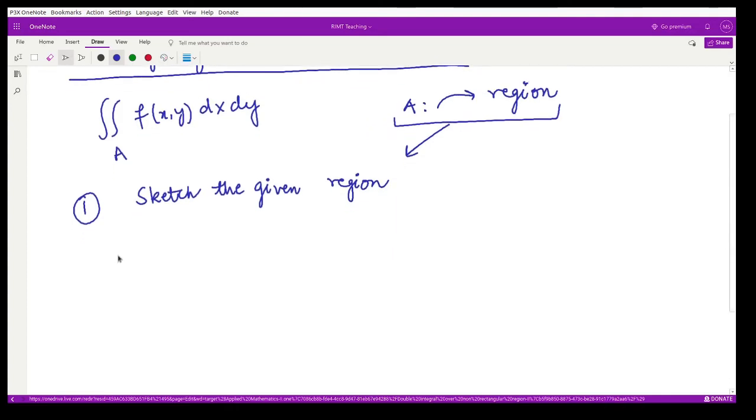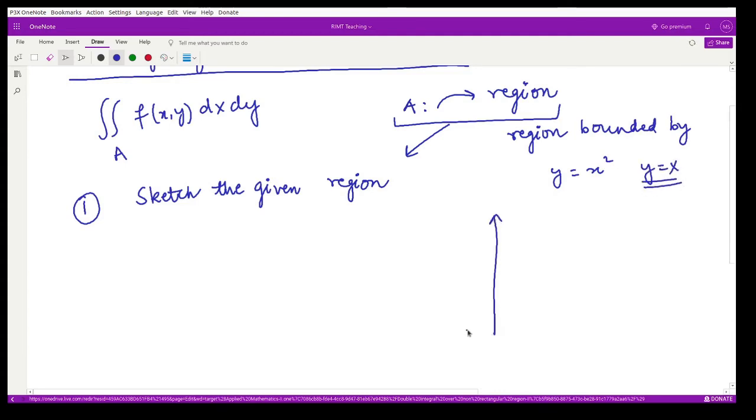Let me take an example. Suppose the area is given to be the region bounded by y is equal to x square and y is equal to x. Now you all know y is equal to x is a straight line having an angle of 45 degrees passing through the origin. And y is equal to x square is the equation of an upward parabola, again passing through the origin.